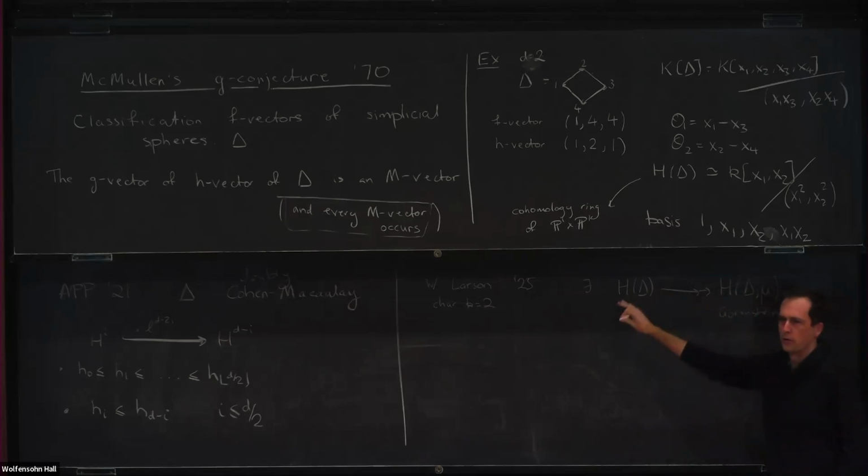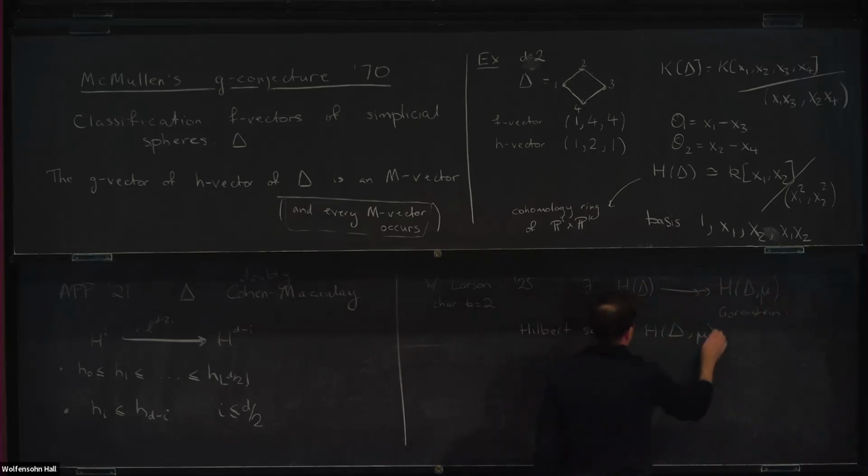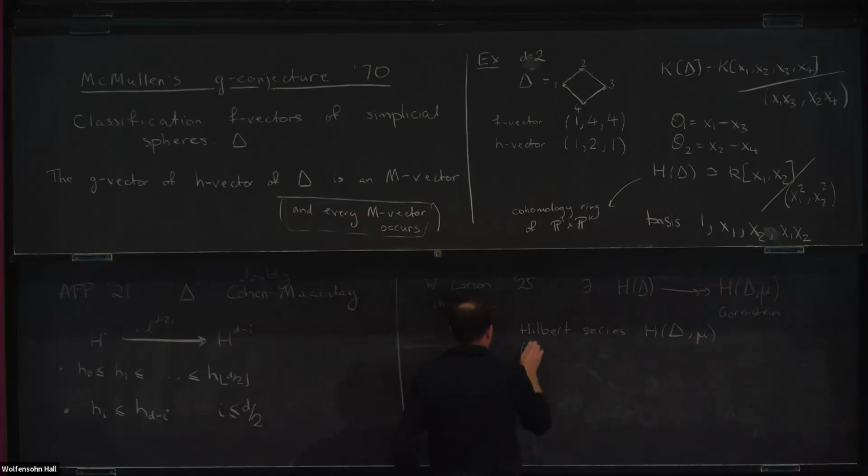So this guy isn't Gorenstein, but there's a quotient of it that is Gorenstein, and Gorenstein means its Hilbert series will be symmetric. So what is its Hilbert series? It's just going to be H0, H1 up to halfway. And then it's symmetric, so the second half is just this one reversed.